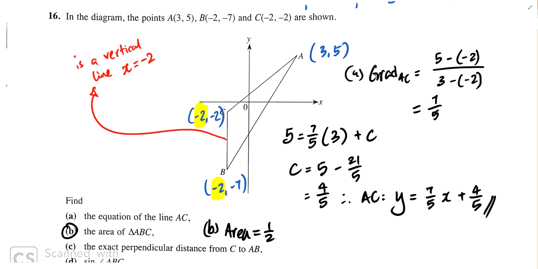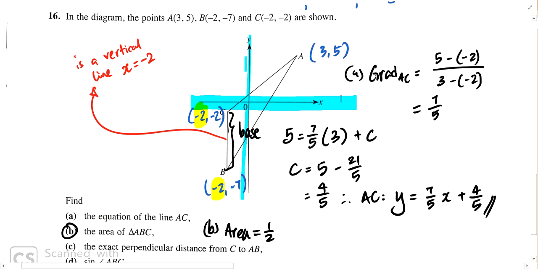Okay, so if we choose the base to be BC, then you must be able to identify where the perpendicular height is. For this type of question, we always make use of the property that the whole triangle is on a Cartesian plane, where the x and y axes are perpendicular to each other.